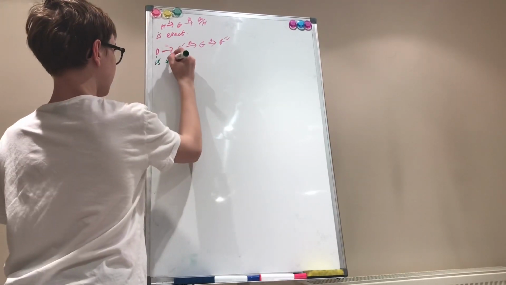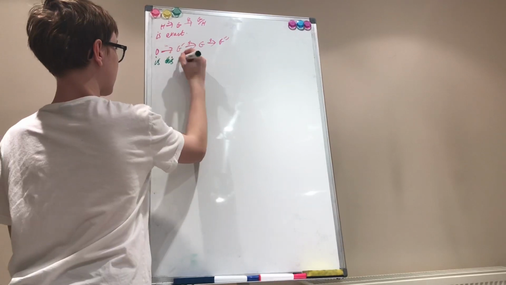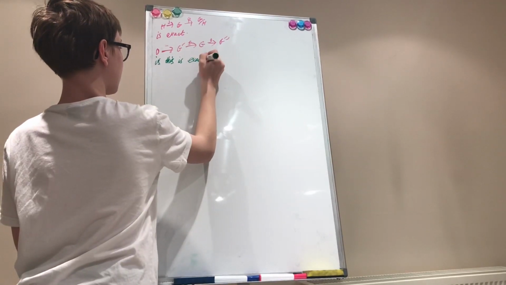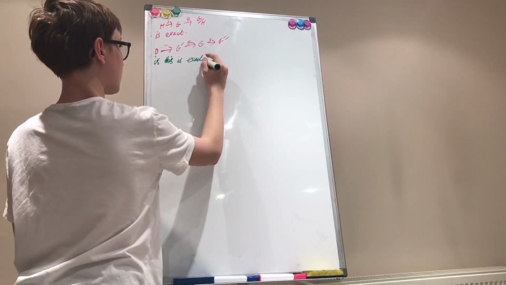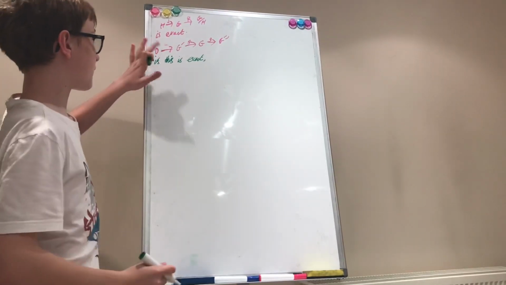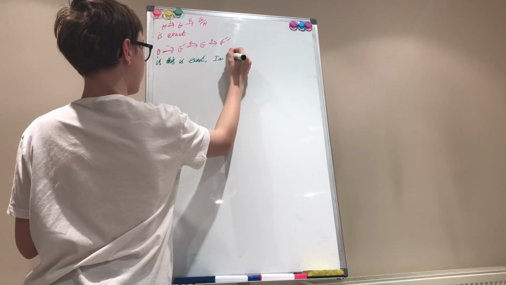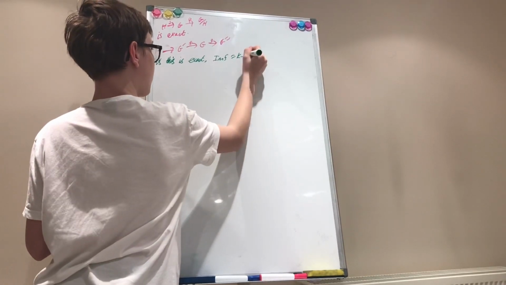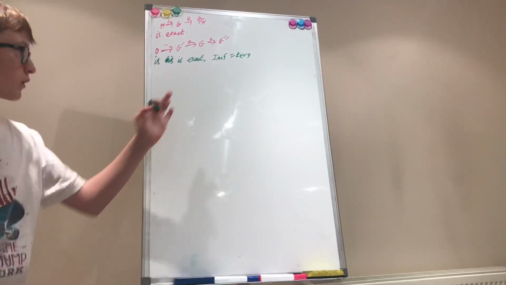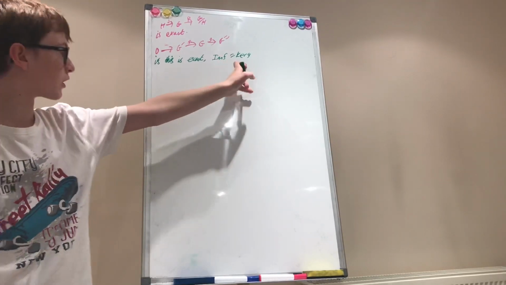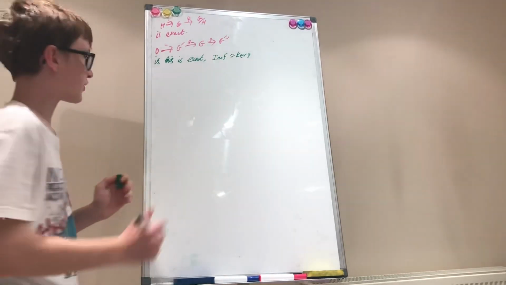If this is exact, then that means that the image of f equals the kernel of g. But if the image of f is the kernel of g, that means that f is injective.